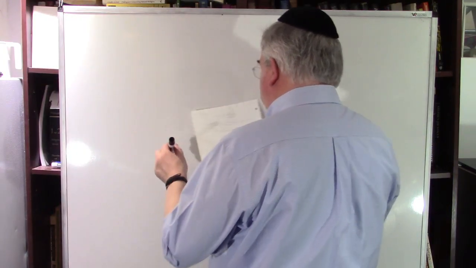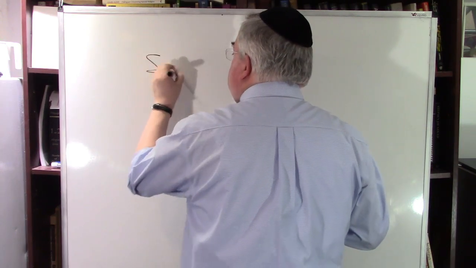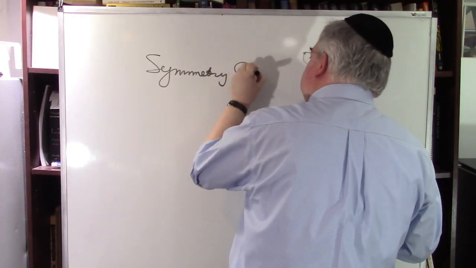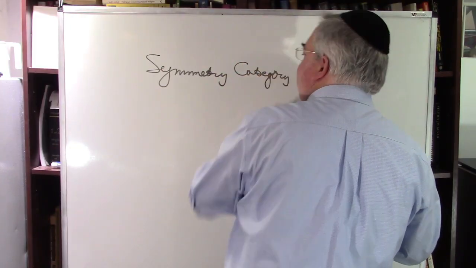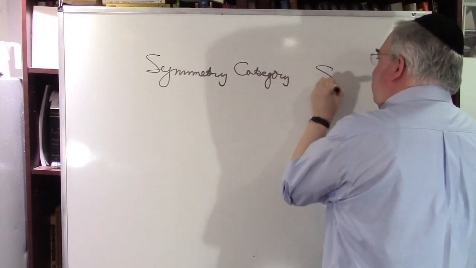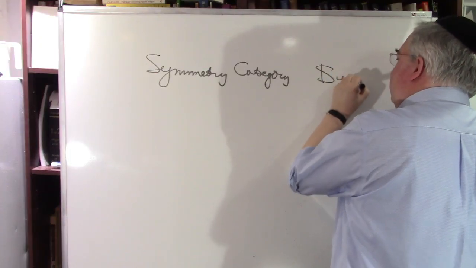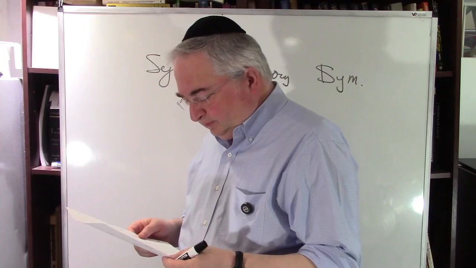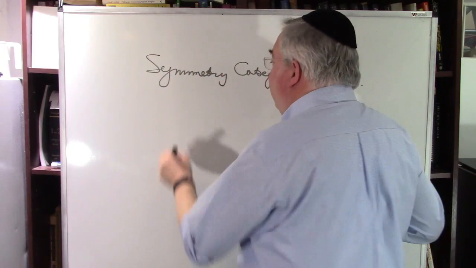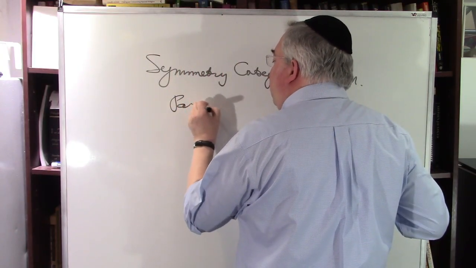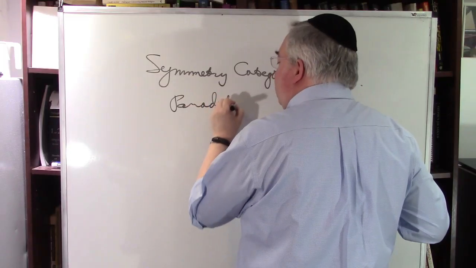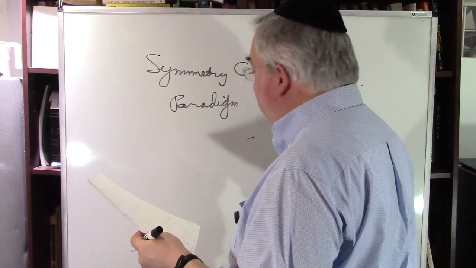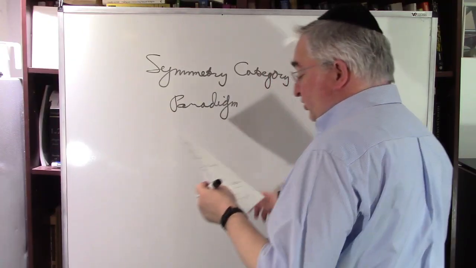Okay, so now we have something called the symmetry category. We'll denote it like this, SYM, and this will be a category which is the paradigm, and we'll explain what that means. What makes it so special? We'll explain that later on when we talk about morphisms between such things.